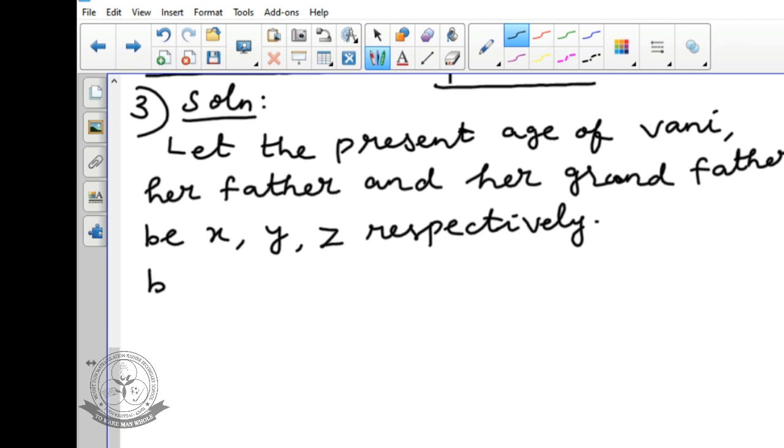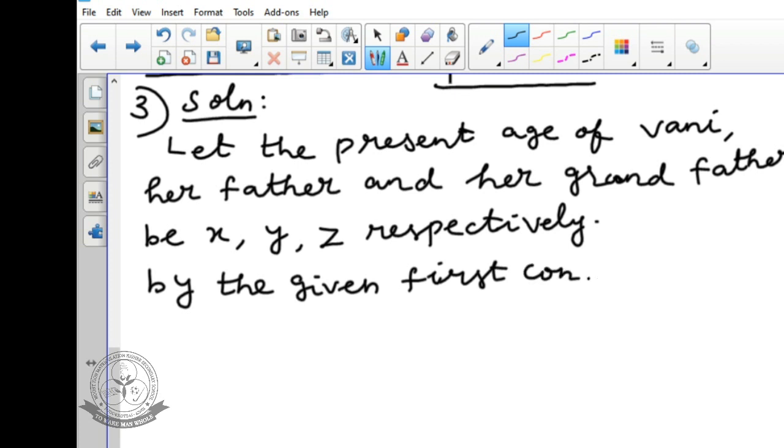By the given first condition, what is the first condition? Their average age is 53. Average means we add the three ages.